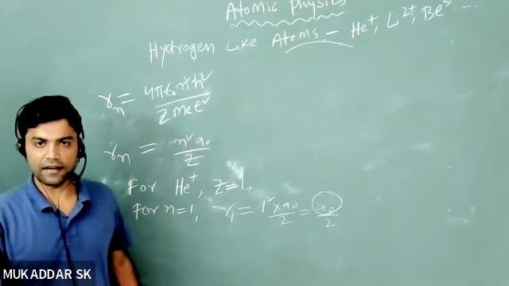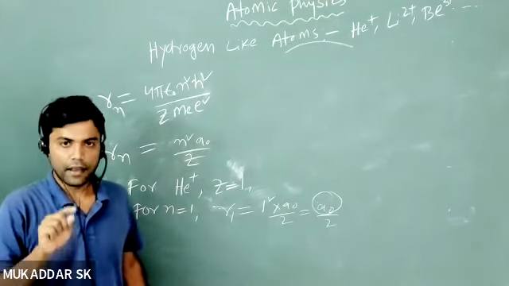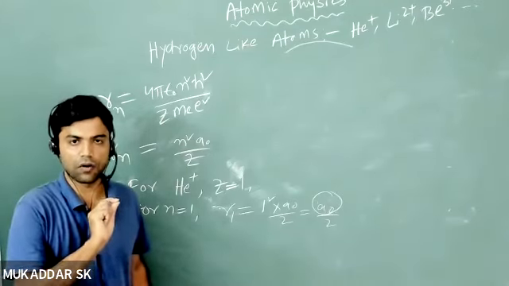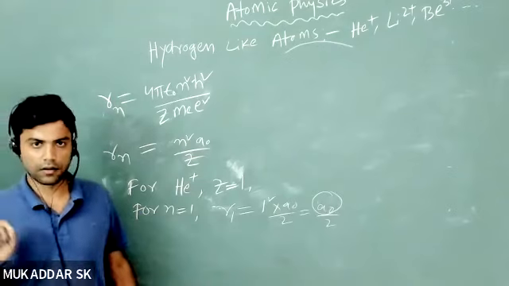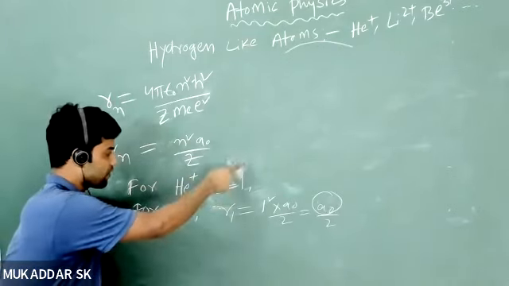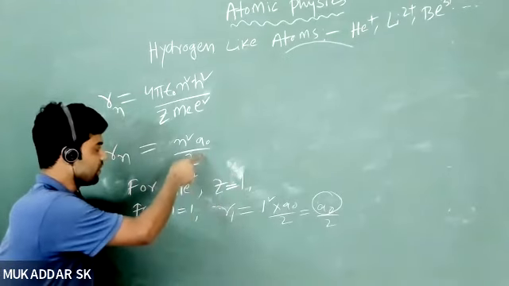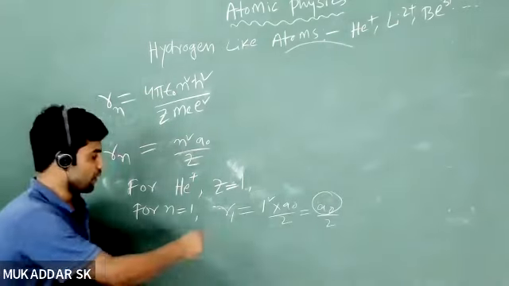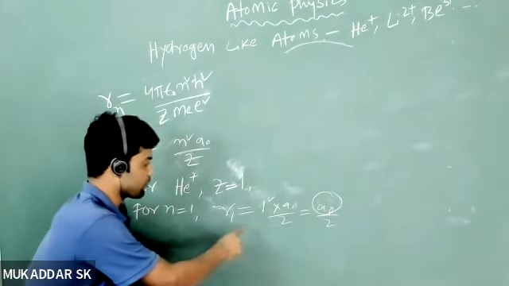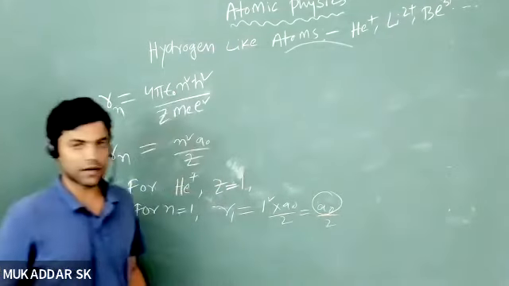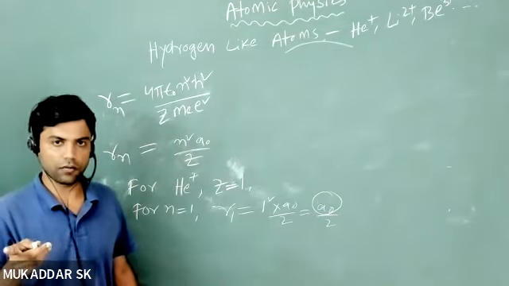2 square a naught means 4 a naught, where a naught is the Bohr radius. For second excited state, n is 3. So for second excited state, the Bohr radius for hydrogen atom was 9 a naught. Now if you see for helium plus, the extra factor is Z, and that is actually in the denominator. So for ground state, the electronic radius of helium plus ion will be a naught by 2. This is half of the radius of hydrogen atom.